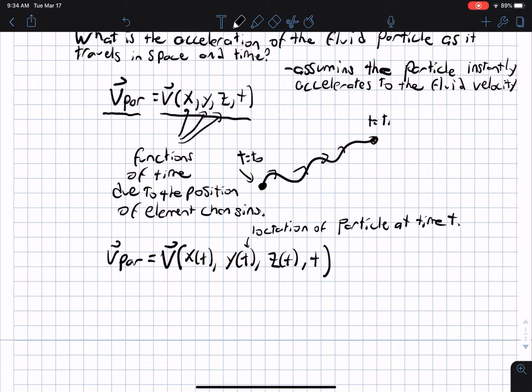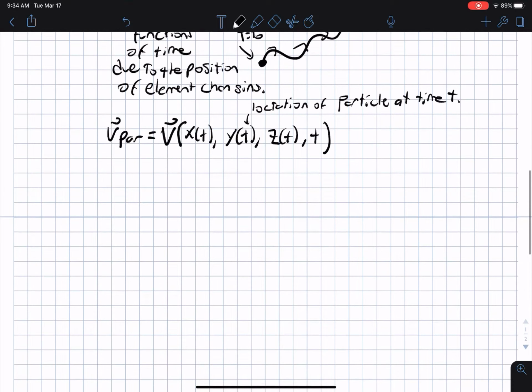So now we want to find the acceleration. Well, the acceleration of the particle equals dv of the particle with respect to time. But this is not just equal to dv particle dt.